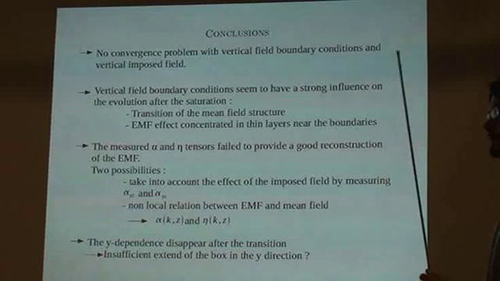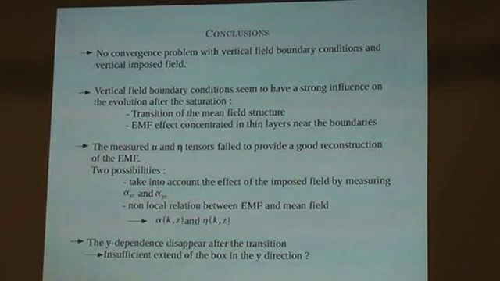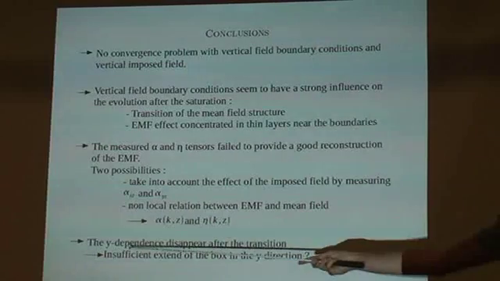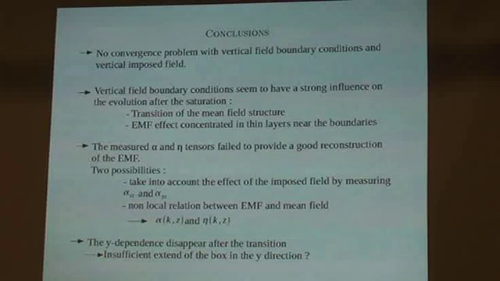The point is that in the shearing box, the shear tends to stretch the structure in the Y direction. So effectively, if my box is too small in the Y direction, the stretched structure will become Y independent because of the periodic boundary condition in this direction. So that's why now I am trying to do a run with a bigger box. Thank you very much.